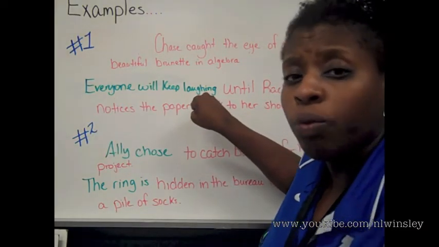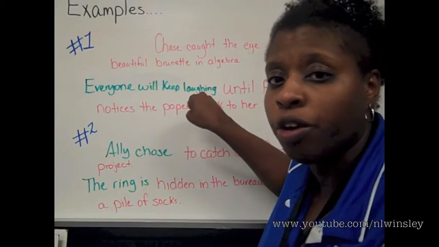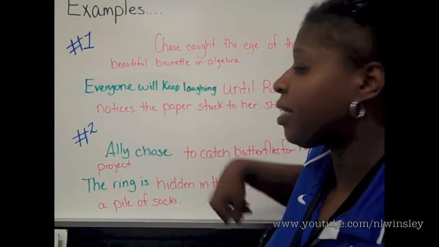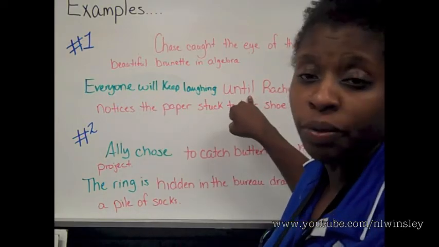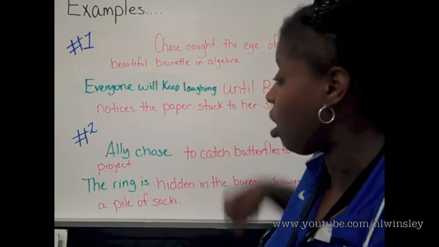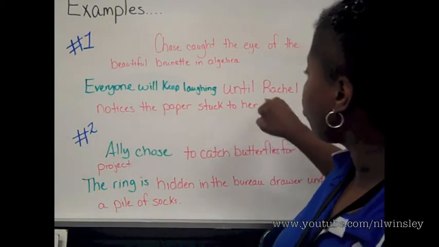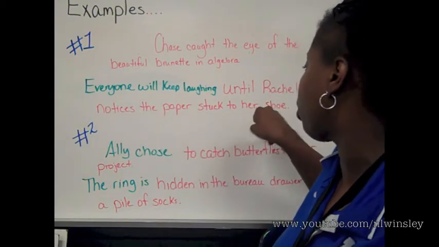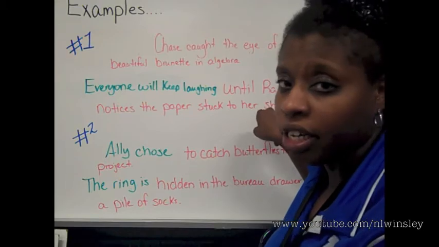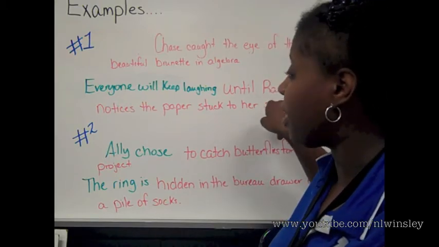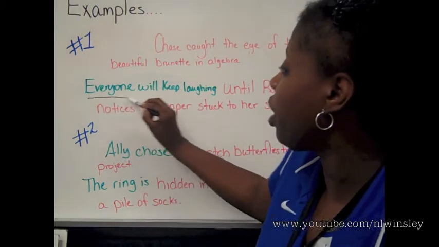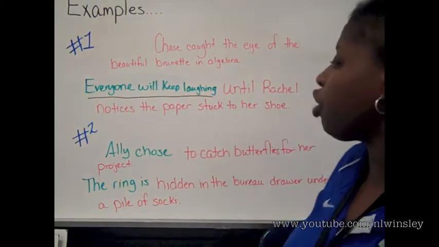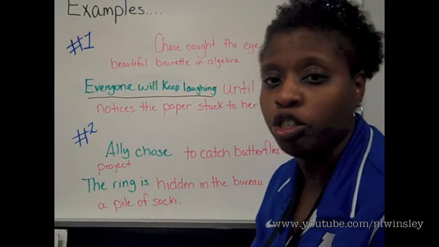This is my independent clause. Now, when we learned about complex sentences, we learned that a complex sentence is an independent clause combined with and connected to a dependent clause. So, until Rachel notices the paper stuck to her shoe, I need to make sure that I connect it to an independent clause, i.e., everyone will keep laughing until Rachel notices the paper stuck to her shoe.